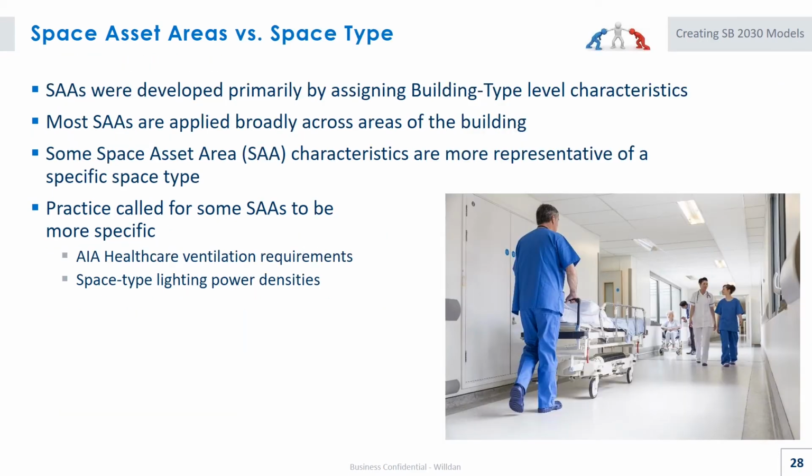So as I mentioned, they were developed primarily by using building types to set building-wide characteristics. So for instance, there's an office space asset type. That space asset type includes the functions that serve a typical office: open office, private office, corridors, restrooms, some small conference rooms, all of those things you typically see in an office.